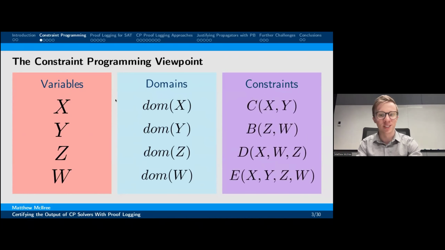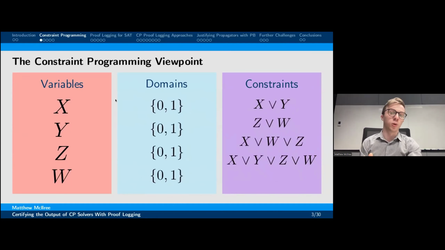Most of the time, we need to take some kind of restriction of this definition to talk about combinatorial solvers that we actually care about. But what's quite nice from CP people is that we can view basically all other combinatorial solving paradigms as essentially special cases of constraint programming.